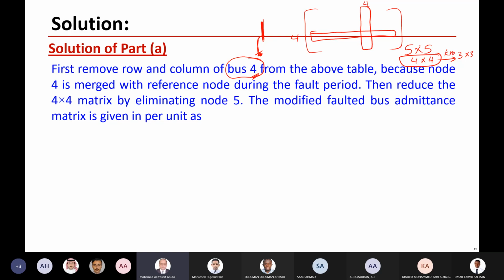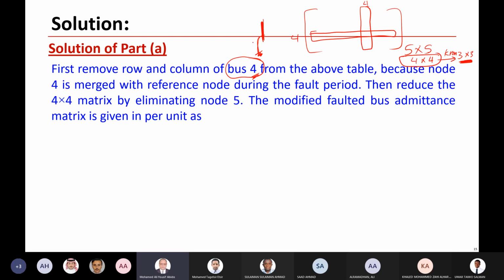And you have here Kron reduction to have a 3 by 3 matrix during the fault, and this Y bus matrix gives the transfer admittance between the three generators at the last stage. Because node 4 is merged with the reference node during the fault period, this is of course assuming that the fault is a solid fault.